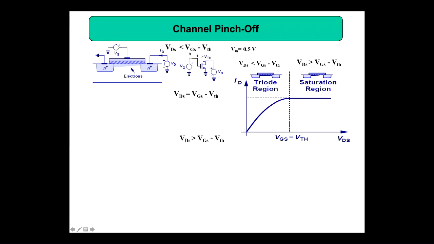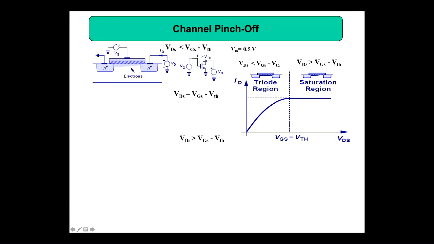So these are the 3 conditions we are going to study. First case, we know this plot. VDS less than VGS minus VTH means you are operating in the triode region. Then VDS equal to VGS minus VTH means you are at the edge of the triode region. If you make the condition VDS greater than VGS minus VTH, then you are operating in the saturation region.